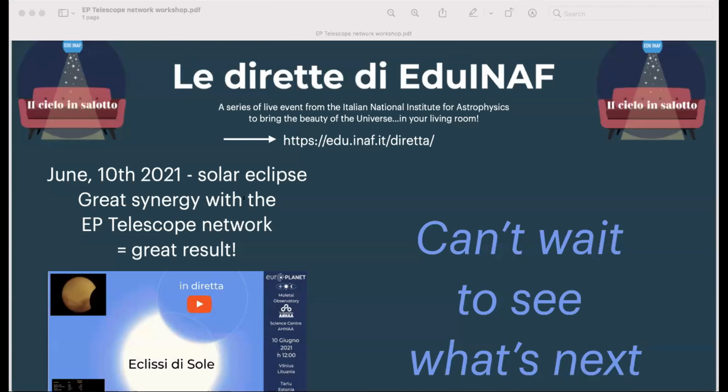So it's a series of live events organized by EduINAF, which is the outreach and teaching online magazine by the INAF. So it aims at bringing science and astronomy closer to the public, with, of course, live astronomical observations. So we are now at its second year.